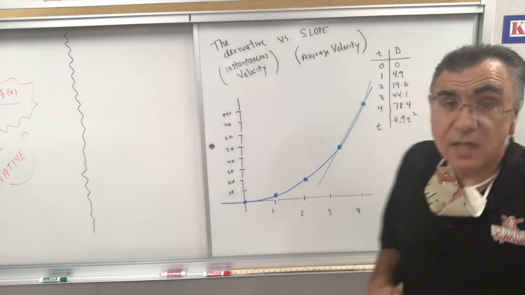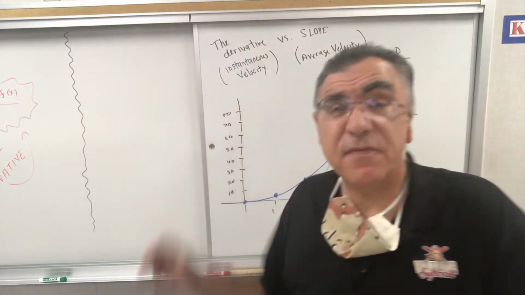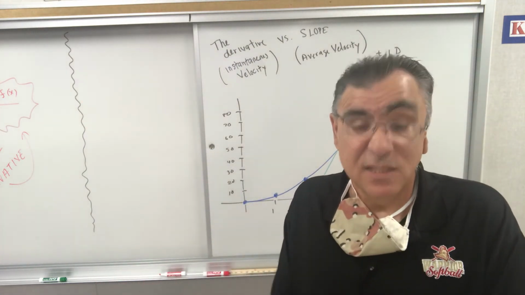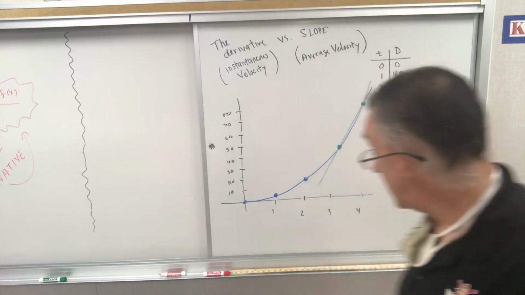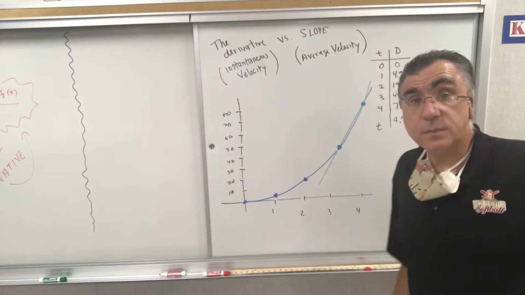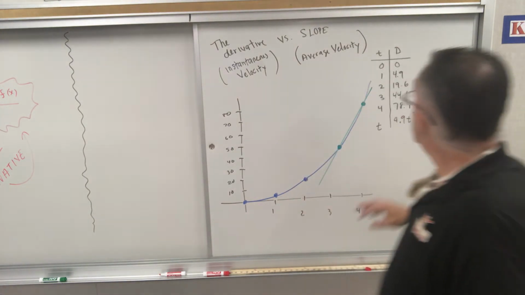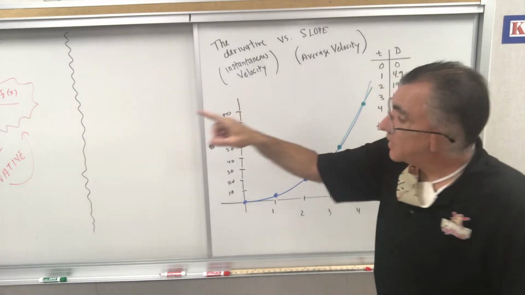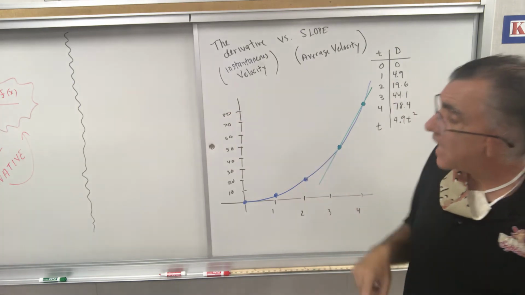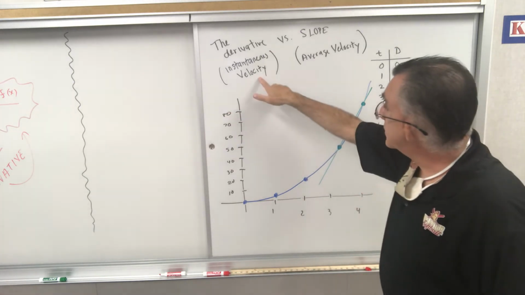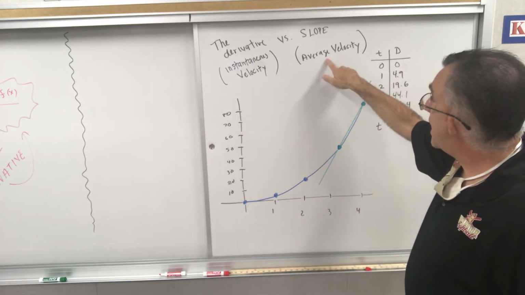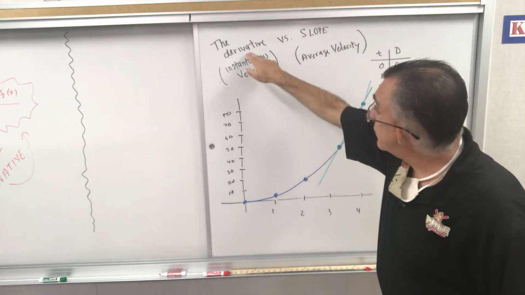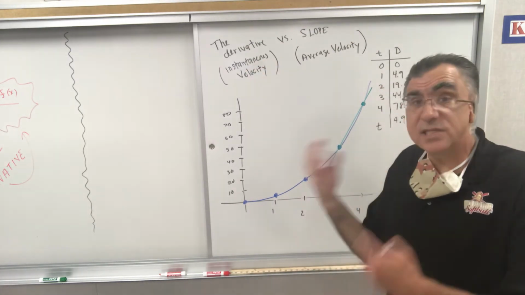Let's pretend that now, instead of using f of x, I want to use an equation to illustrate this idea. What we have here is the derivative versus the slope, but instead of thinking of it as instantaneous rate of change versus average rate of change, we're thinking of instantaneous velocity over average velocity, because velocity is the rate of change of the displacement, so it's really the same thing.